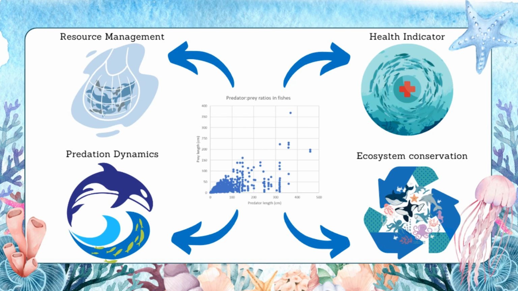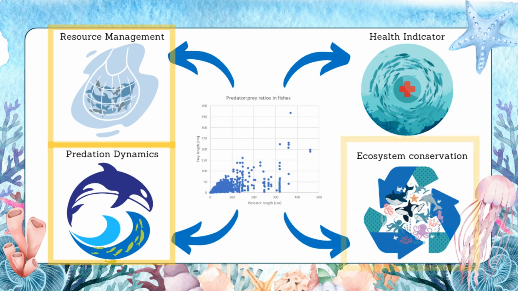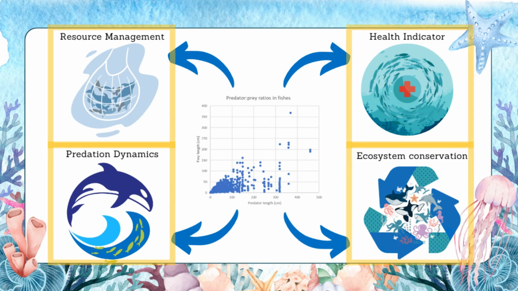By combining diet data with the relative sizes of prey and predators, one can generate a graph that shows a trend supporting the hypothesis that the ratios of predator and prey sizes are similar among fish of different species. Understanding those relations provides key insights that can help facilitate strategies for predation dynamics, resource management, ecosystem conservation, and health status.